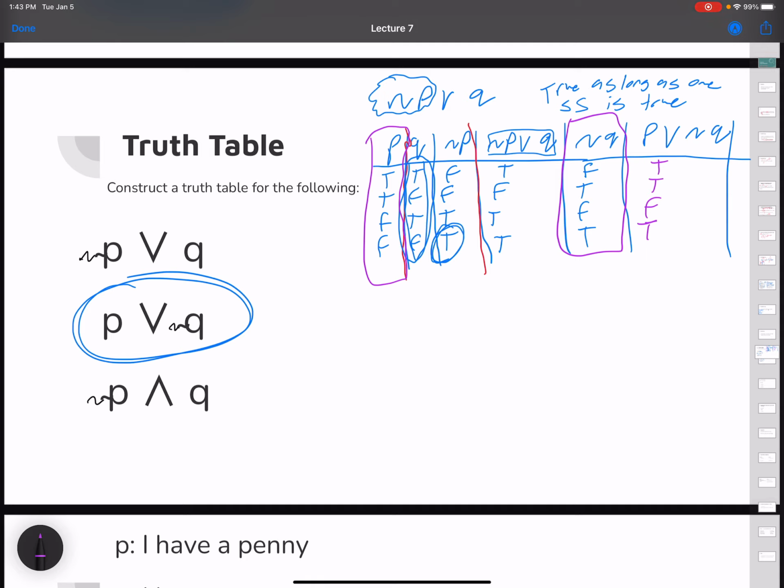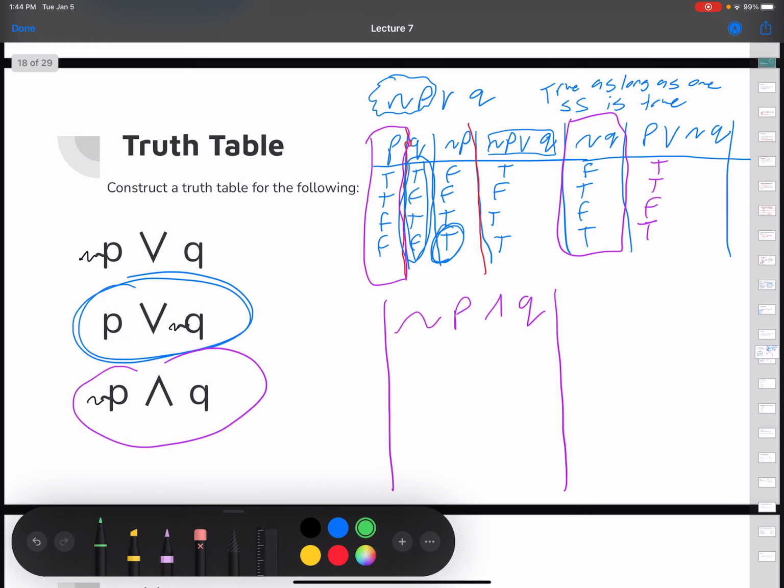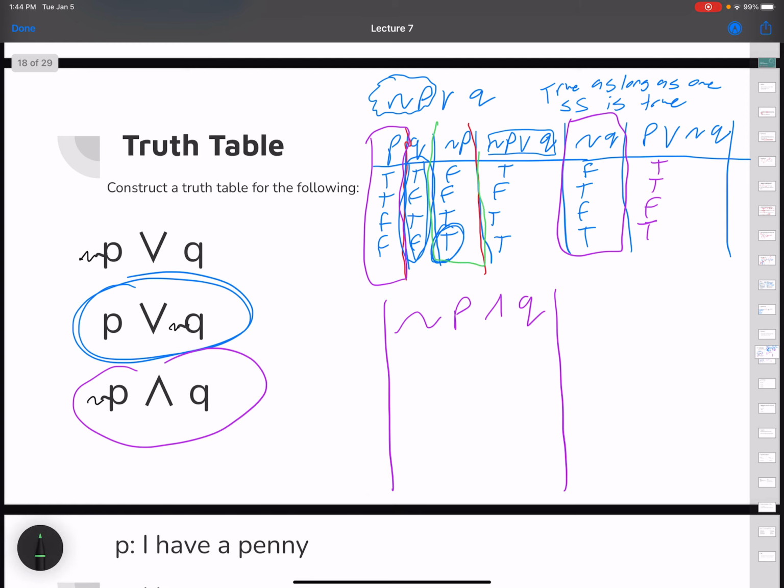And then we can do the same thing for, I'll bring it down here, not P and Q. Well, the values for not P and Q, this last one, we have to address not P, which is right here, and Q, which is right here.